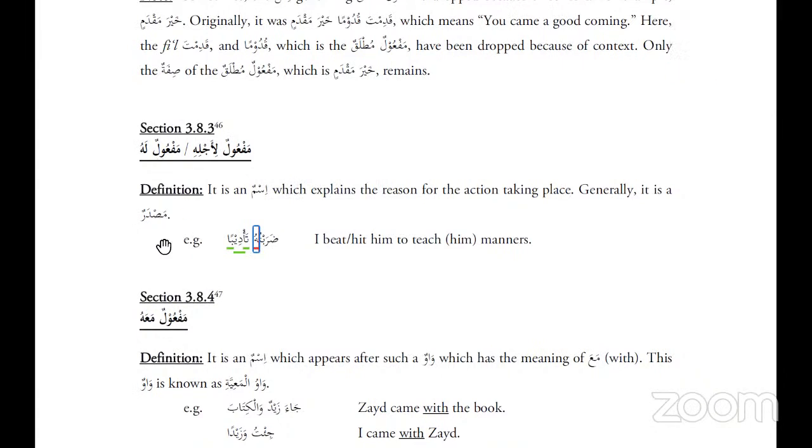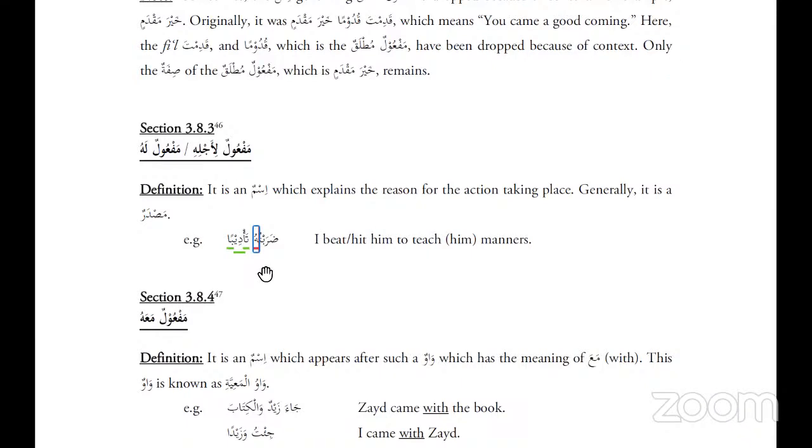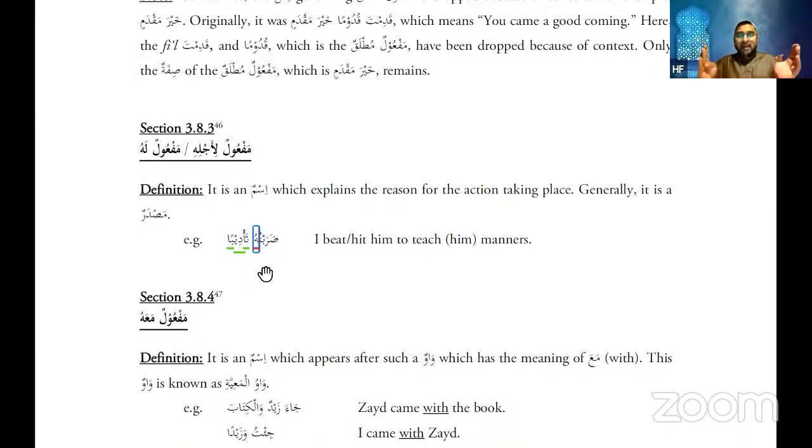So in one sentence, you have two objects, two maf'uls. One is maf'ul bihi, and the second one is maf'ul li ajlihi. Does that make sense? Yes. The important point is that it's not necessary that you always have only one object.